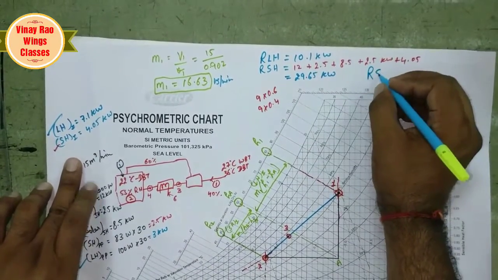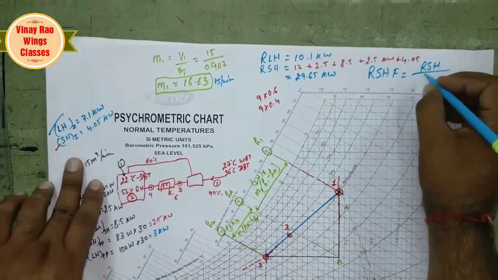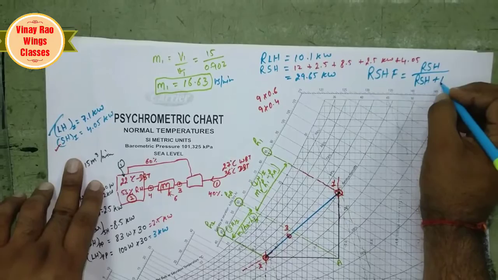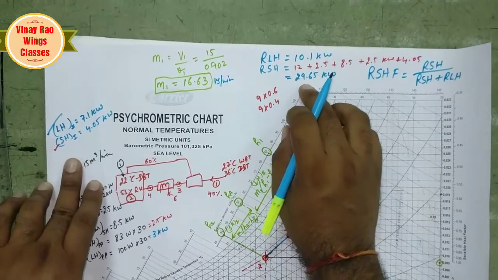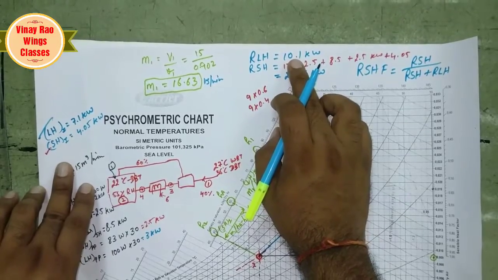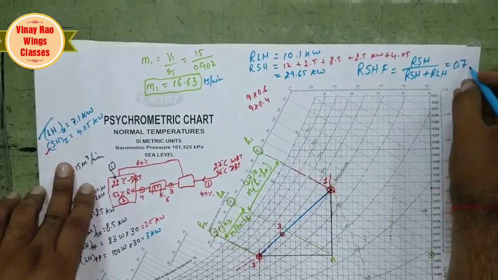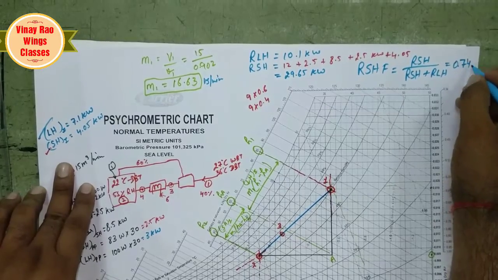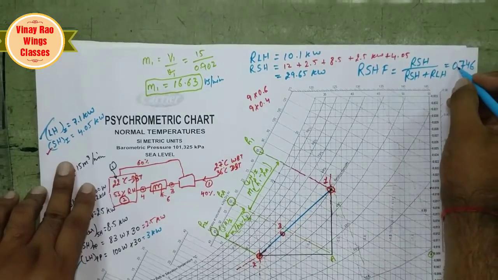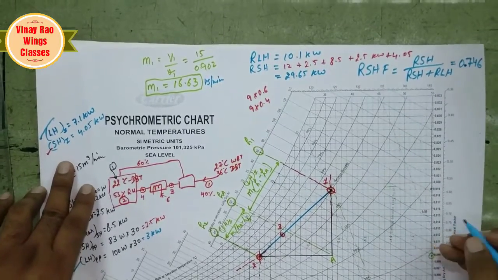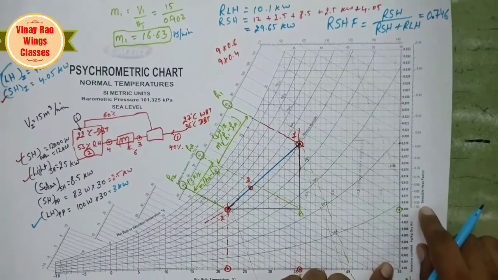We calculate the room sensible heat factor, which is equal to room sensible heat upon room sensible heat plus room latent heat. We put the values of room sensible heat and room latent heat, and we get 0.746. That means this is the room sensible heat factor parameter.